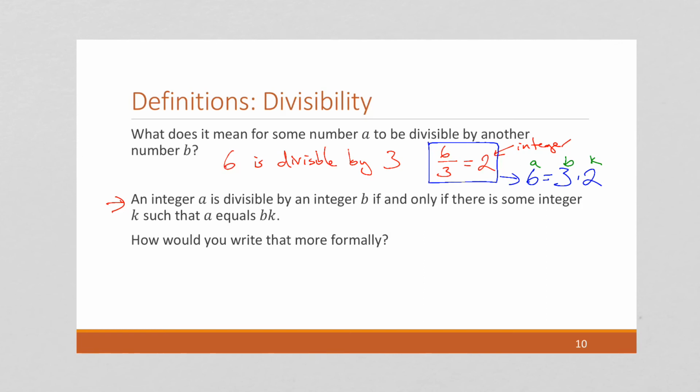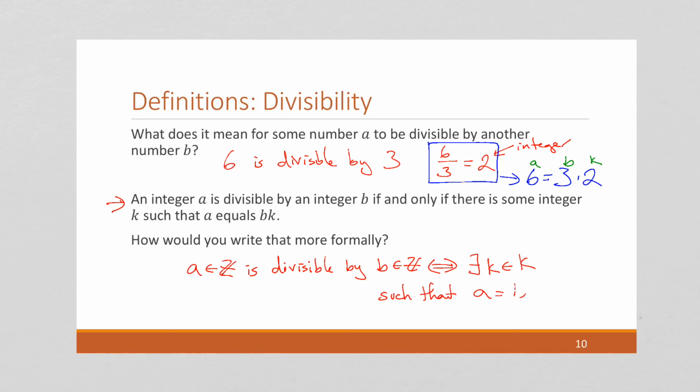So to write this formally, we're going to say an integer a is divisible by integer b if and only if there exists an integer k such that a equals b times k.